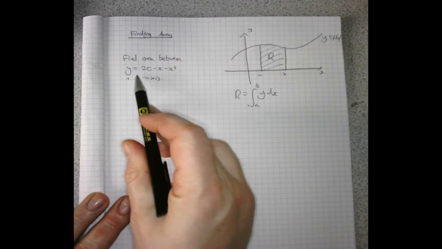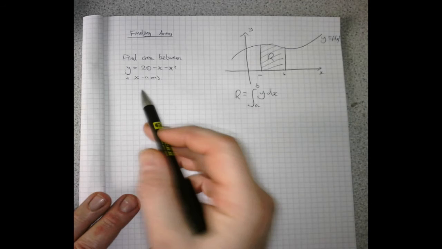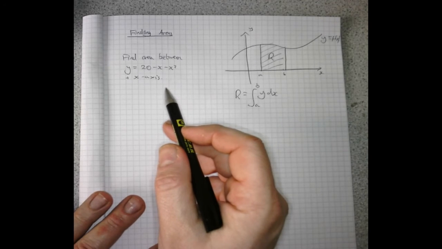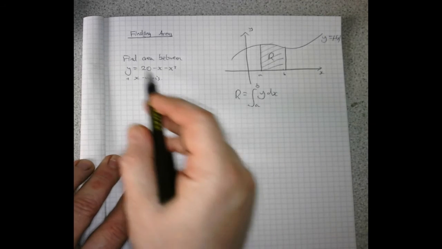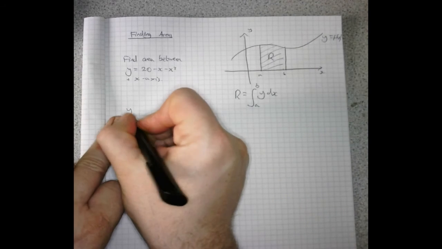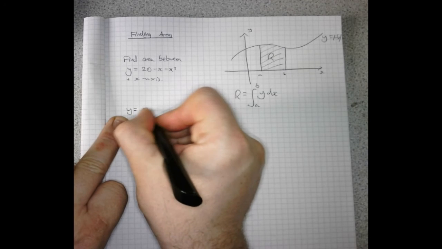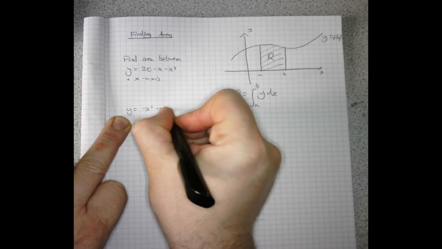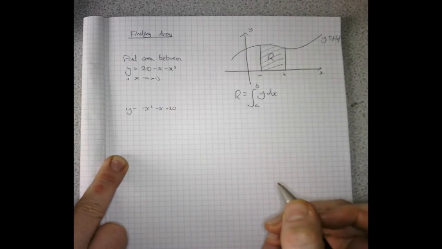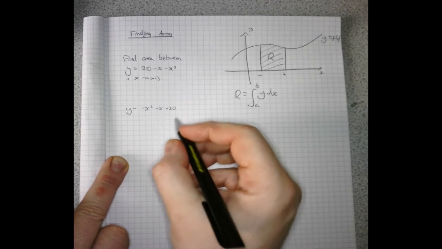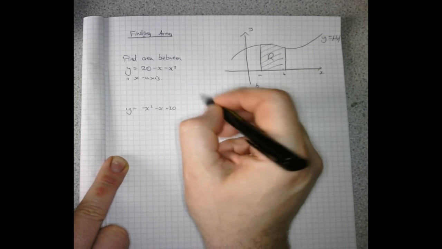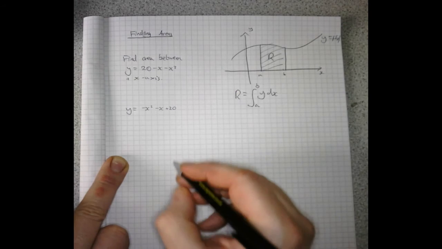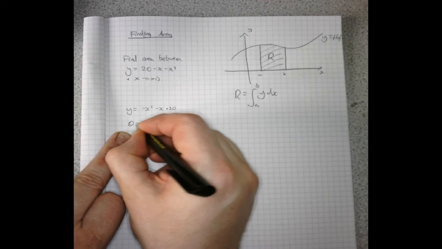Well, it's always a good idea to sketch so that I can see what function I'm talking about, so that I can see my limits. Now I can see that this is a negative quadratic, so I'm going to write it in the order that I like it to be written. Of course, I need to find my roots because I know it's going to be an upside down parabola. I need to know where it crosses the x-axis.